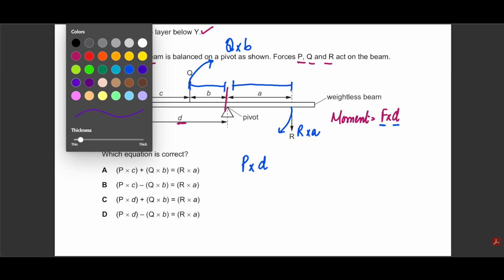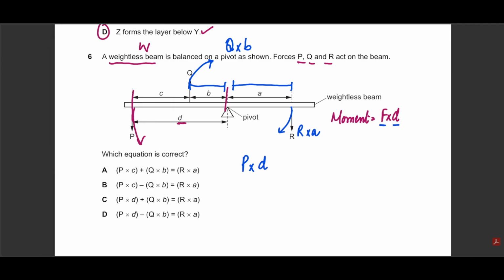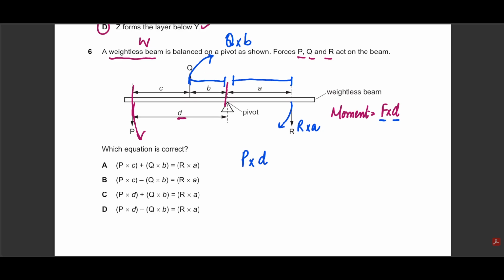Now, we need to realize what every type of moment is trying to do. Is it trying to go clockwise? Is it trying to go anti-clockwise? This is what we have to be careful about. So the moment produced by P is anti-clockwise, and the moment produced by Q is clockwise. The moment produced by R is also clockwise.